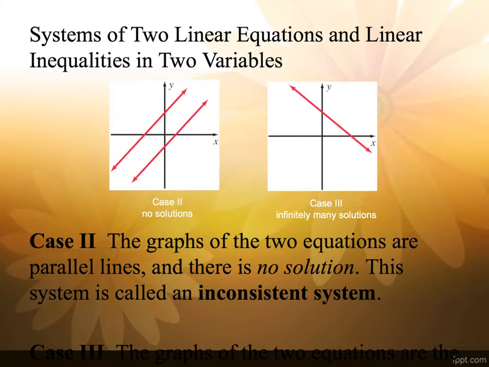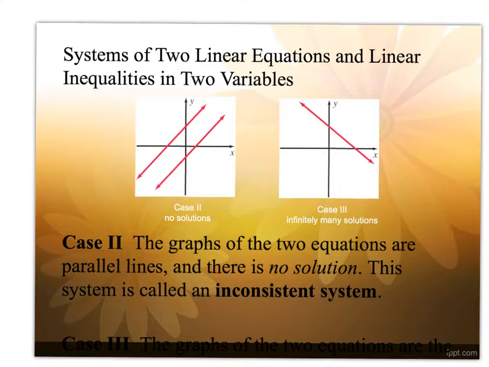When they're parallel, never meet one another, we have an inconsistent system. Case 3 is where everything that is on one line is also on the other line, and we call that a consistent system. But it is a special kind of consistent system, and we call it a dependent system.